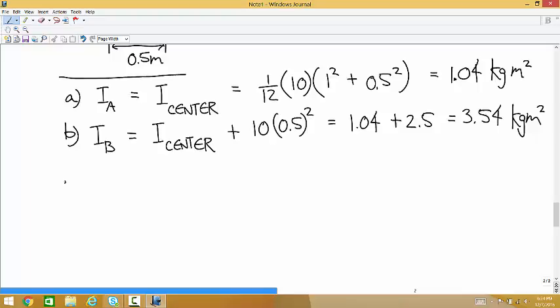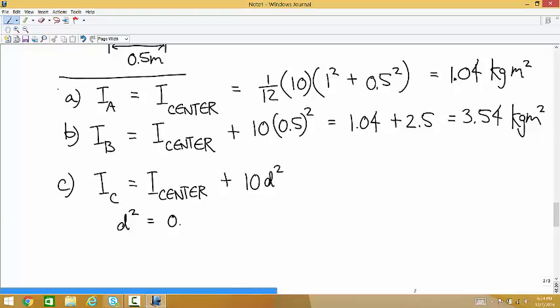Okay, so for C, the moment of inertia about C is equal to the moment of inertia about the center plus 10 d squared, and that d squared is equal to 0.5 squared plus 0.25 squared.